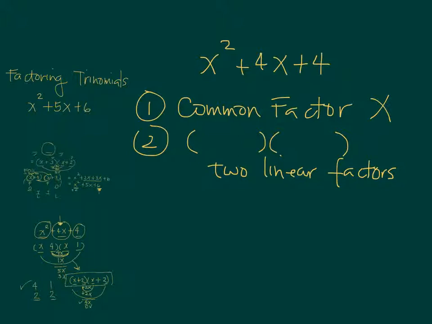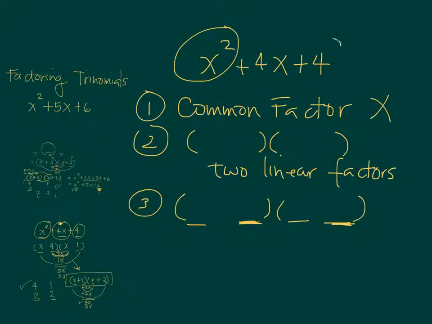And then, to fill the linear factors, the first terms for each factor will depend on the first term, x squared. The last term for each factor will depend on the last term of the trinomial. So you have to use all the possible combinations that when you multiply them, will give you a 4.